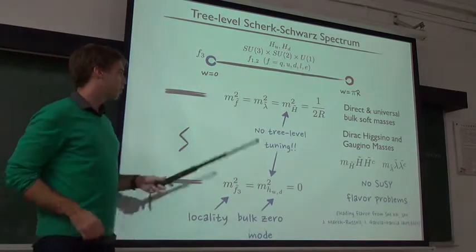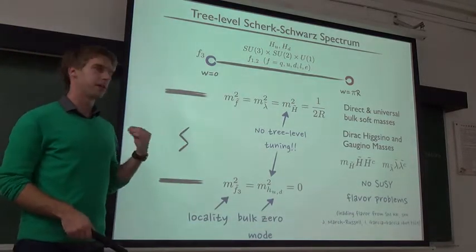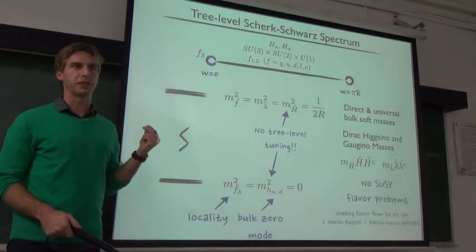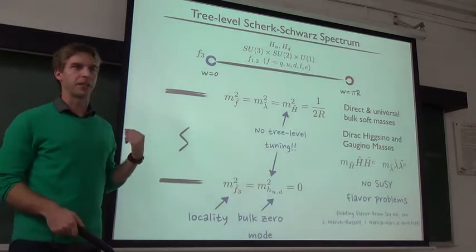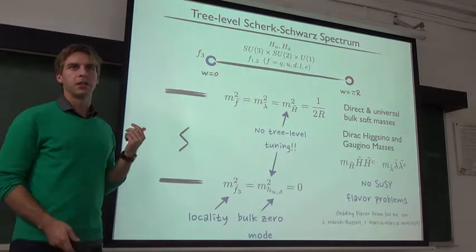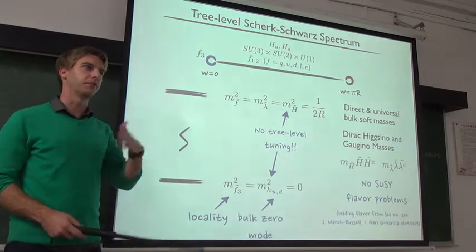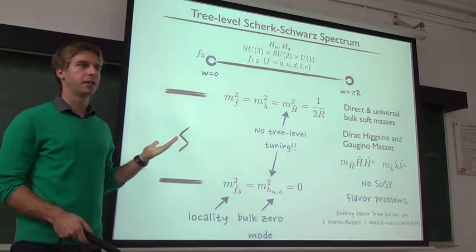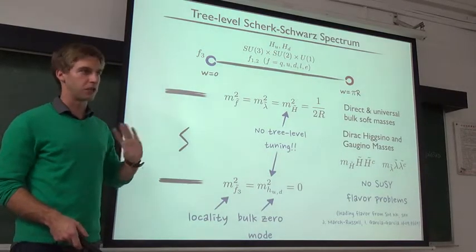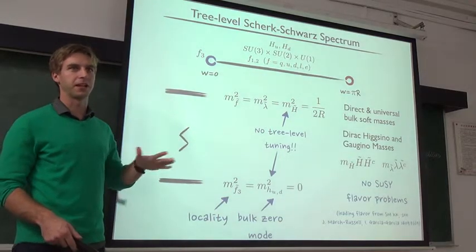So there are some interesting features of this model compared to the MSSM. So an important thing in the MSSM is that to give the Higgsino, the partner of the Higgs, a mass in the MSSM, I have to give a mass to the Higgs boson of the same size. So say I have a 2 TeV Higgsino, then that means there's a contribution to the mass of the Higgs boson of size 2 TeV.